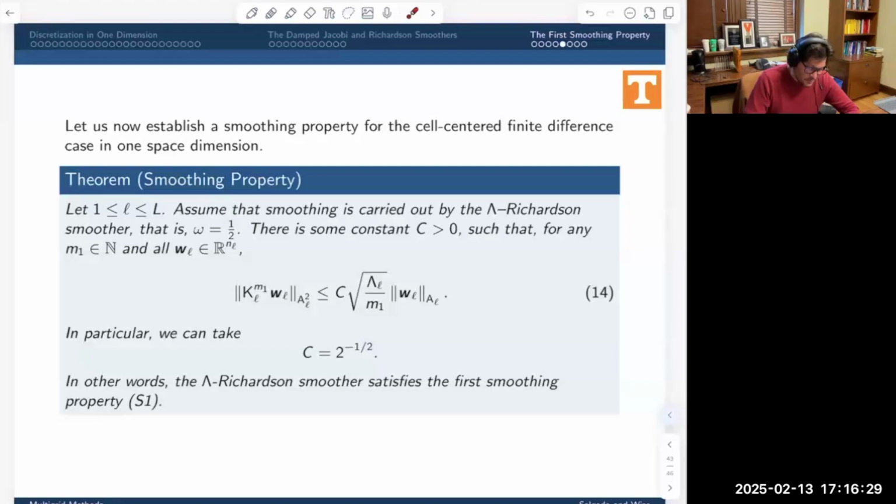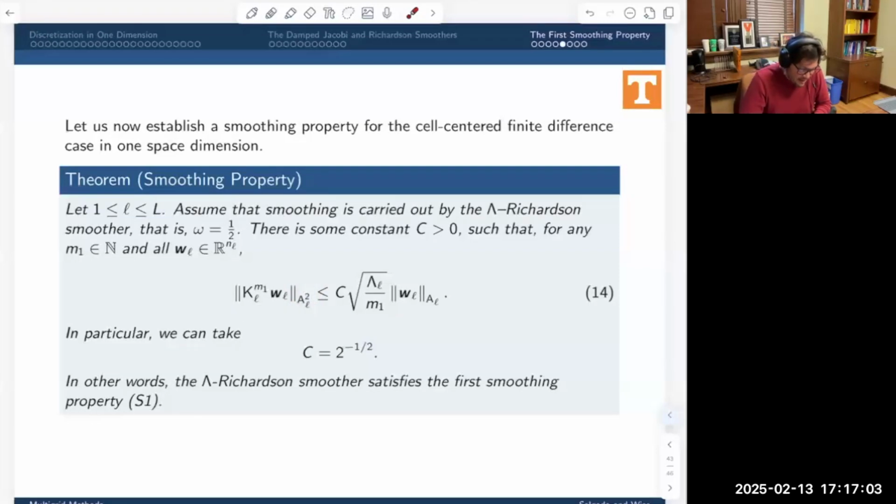So let's assume that smoothing is carried out by the Lambda-Richardson smoother. So this is our standard smoother in this section where we take omega equal to 1/2. Then there's some constant C_0 such that for any m_1 in the natural numbers and any w_L vector, K_L^{m_1}, so this is the error transfer matrix for the Richardson smoother raised to the m_1 power times w_L, and we're going to measure that in this Sobolev 2 norm, the A_L squared energy norm.